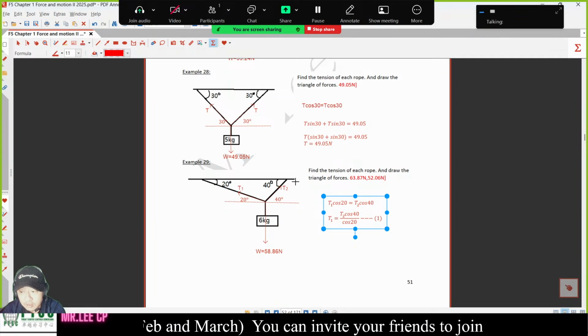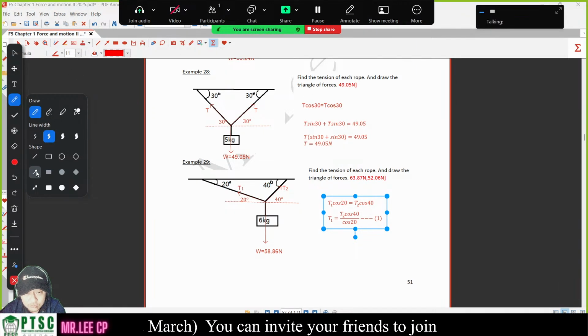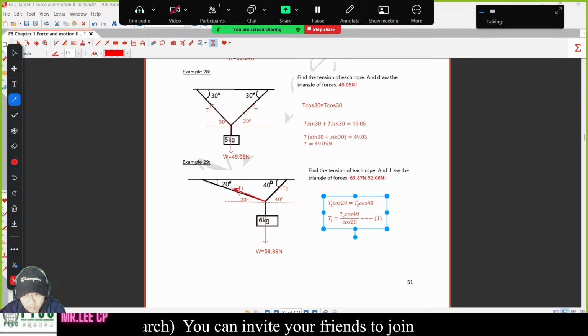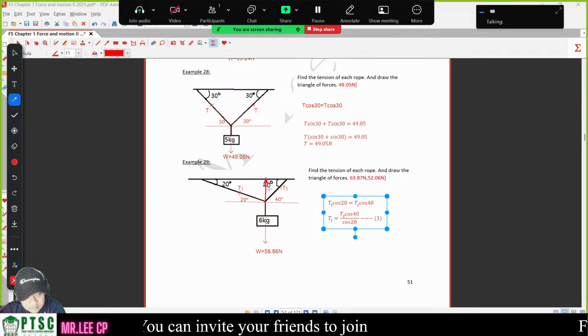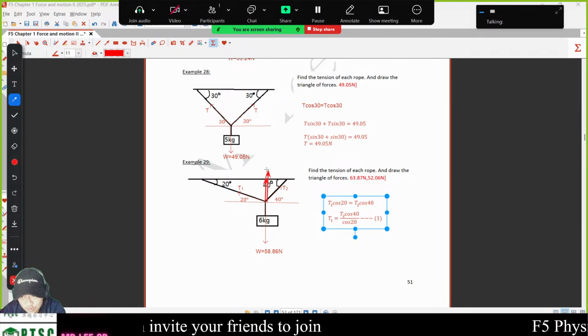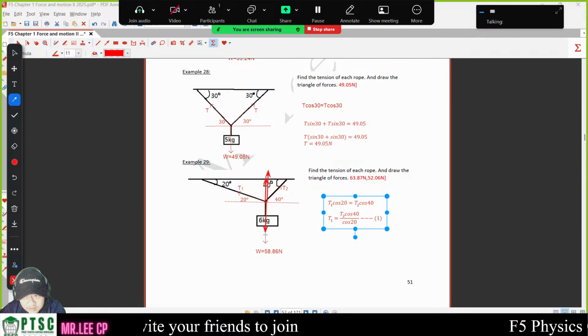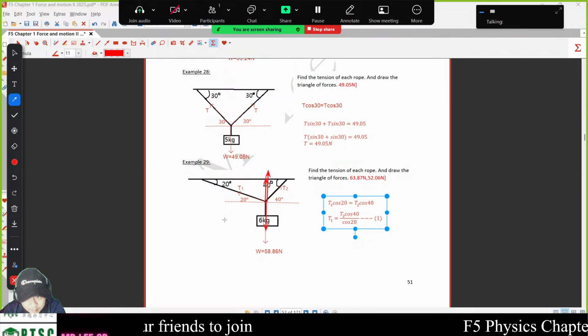Now I want to do the second equation. How to write the second equation? T1 here I bring upward, T2 here I bring upward. The total force going upward is equal to the total force going downward. Up and down will be the same.